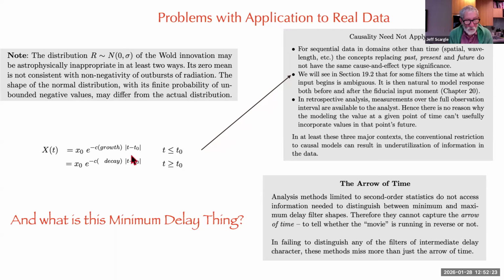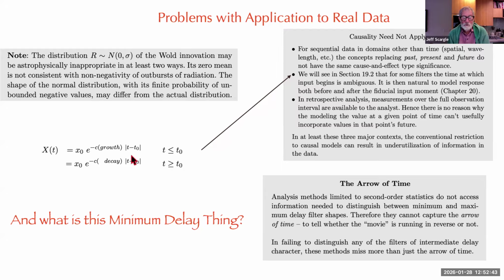There's no origin of time. There's no point where you could say there's the input to my filter and there's no response to prior information. There's always some tail going to infinity in both directions of time.